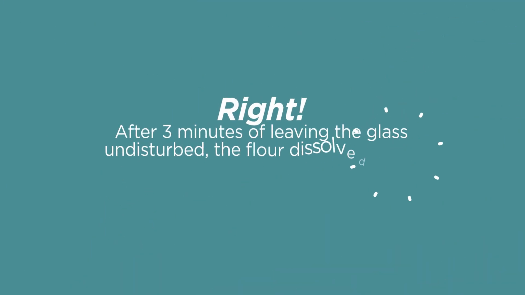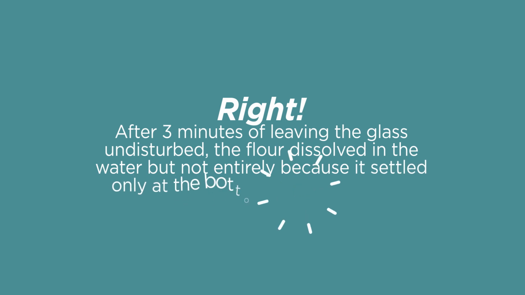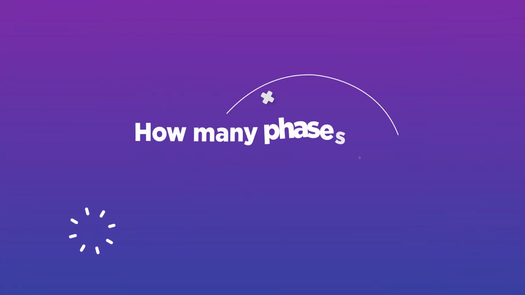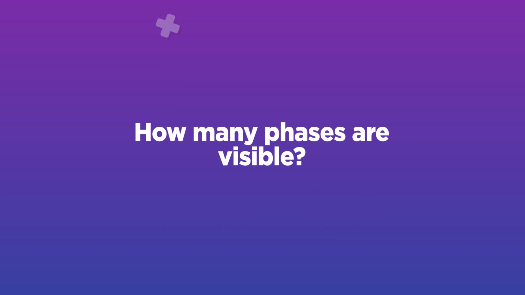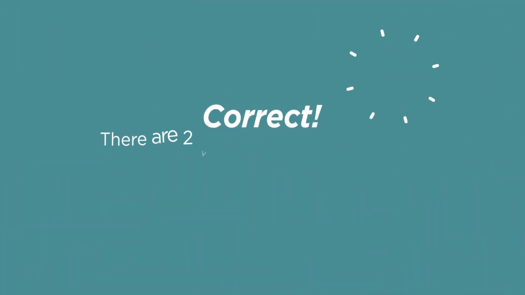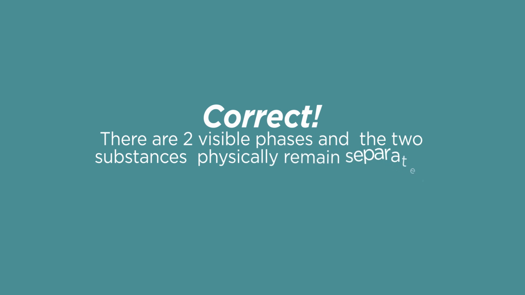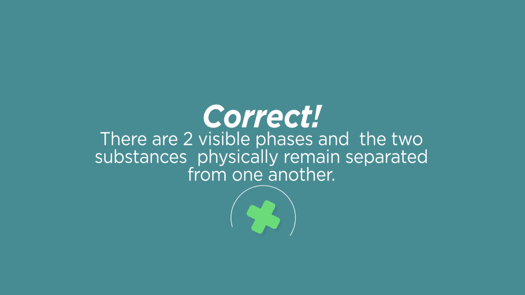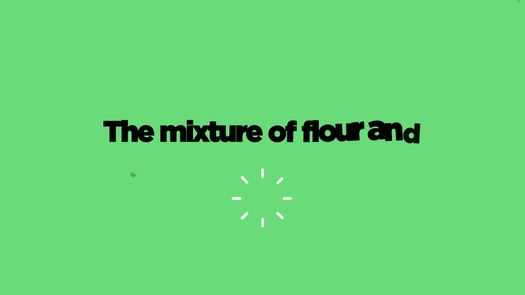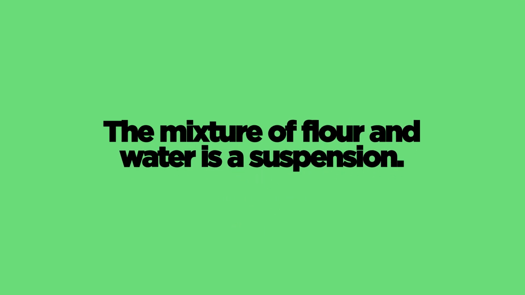After 3 minutes of leaving the glass undisturbed, the flour dissolved in the water but not entirely because it settled only at the bottom part of the glass. How many phases are visible? Correct! There are 2 visible phases, and the 2 substances physically remain separated from one another. The mixture of flour and water is a suspension.